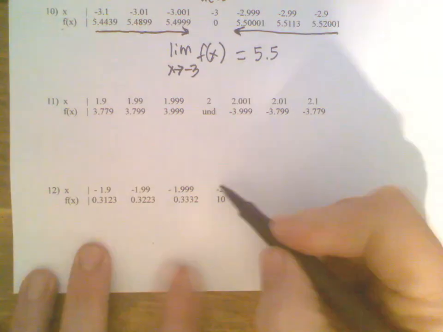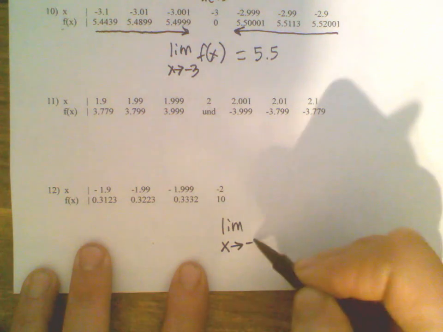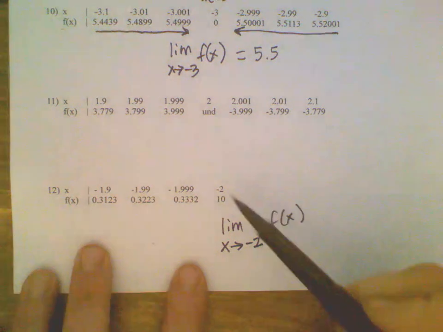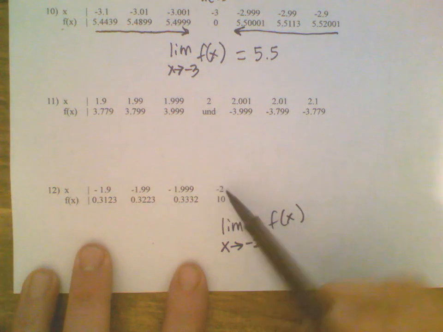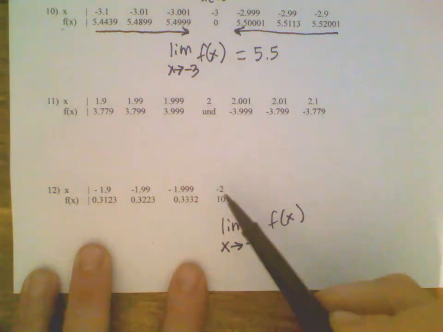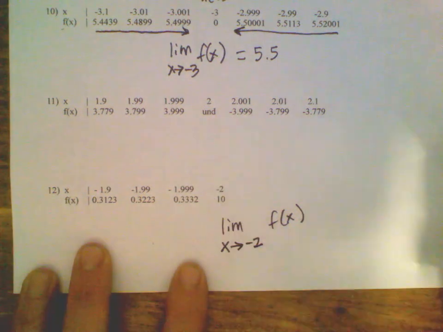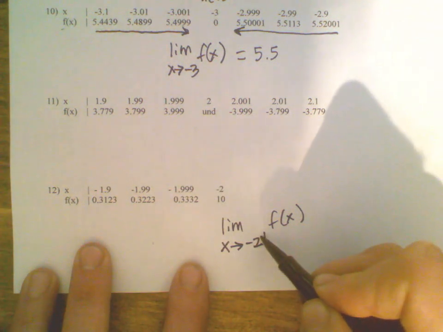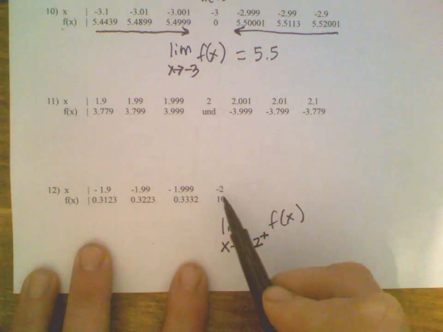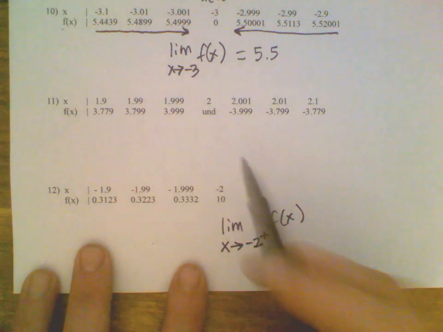And so it looks to me like this is the limit as x is approaching -2 of the function, but it's only approaching -2 on one side. -1.999 is a little bit bigger than -2. Remember, the smaller the negative, the bigger the value. So this one's coming from the right because the values are slightly bigger than -2. If the values were slightly smaller than -2, then I would be coming from the left.